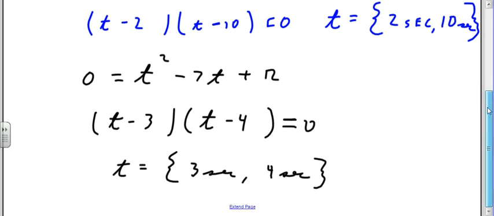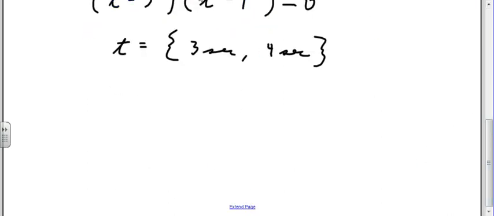All right, so next part of the problem. 4 amps. For 4 is equal to t squared minus 7t plus 12. All right, there we go.